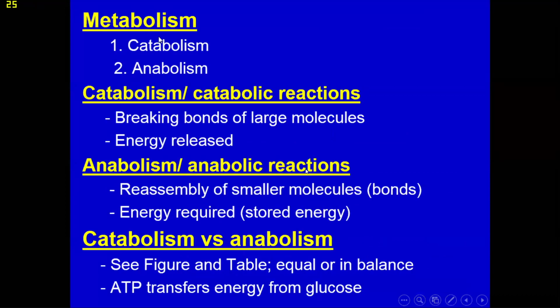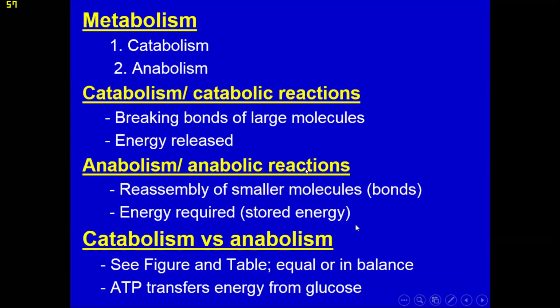Metabolism, as I said, could be catabolism and anabolism. Catabolism is a breakdown of large molecules, breaking the bonds. When you break bonds, energy will be released. On the opposite, anabolism, the anabolic reaction, is reassembly of smaller molecules, creation of bonds. This requires energy, so they take energy and store it in the bonds. So catabolism is the opposite of anabolism.